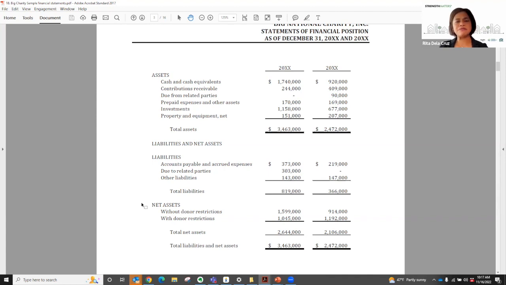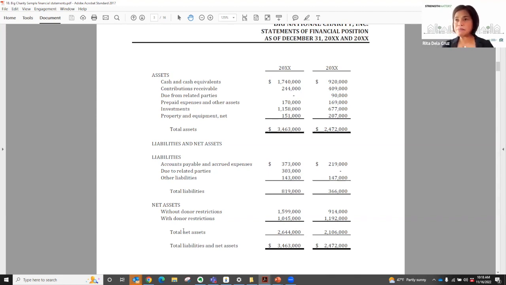I think in a previous module, we talked about if a nonprofit has to fold up, they have to look for another nonprofit with the same mission, and all of the net assets of that nonprofit will go to that other nonprofit that has the same mission. It doesn't go to owners because there's no such thing as ownership in a nonprofit organization. So net assets are broken down into two: without donor restrictions and with donor restrictions.